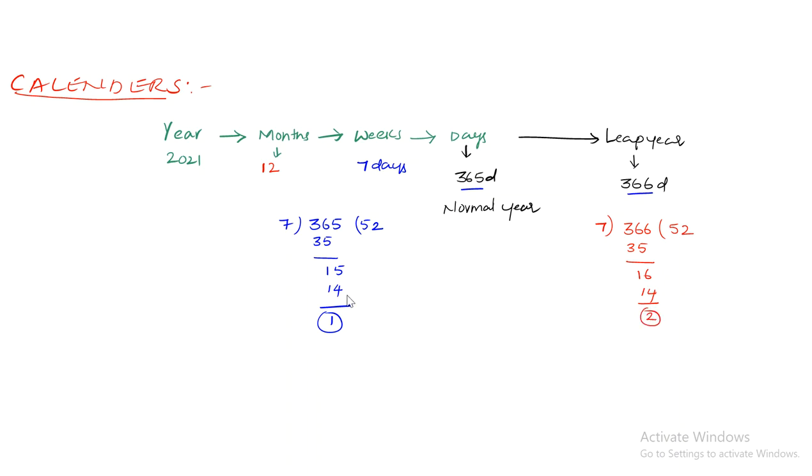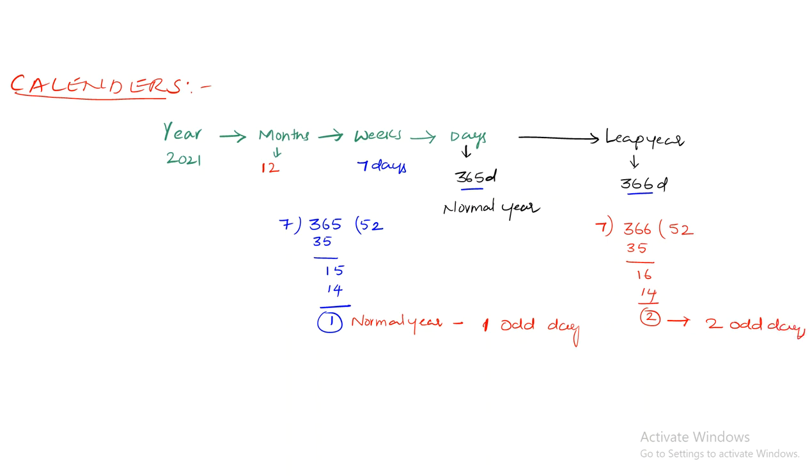That means, remember this very important concept: in a normal year we have one odd day. I will tell you what an odd day is. And in a leap year we have two odd days.